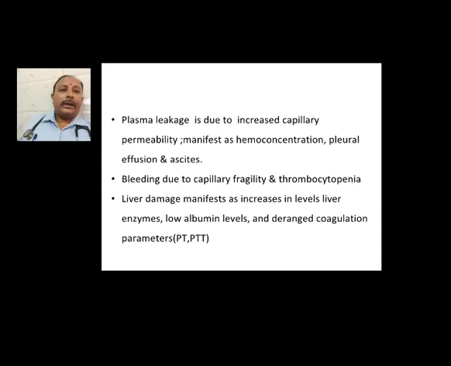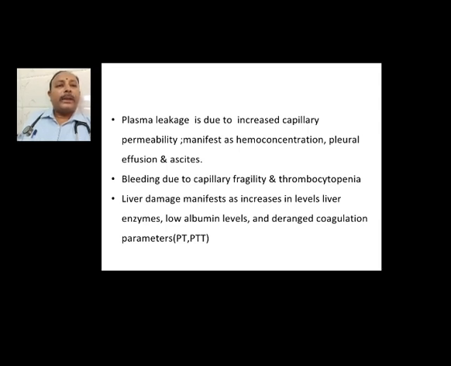Plasma leakage is due to increased capillary permeability. It manifests as hemoconcentration because there is leakage of plasma through the capillaries, pleural effusions and ascites. The fluid fills the body cavities.